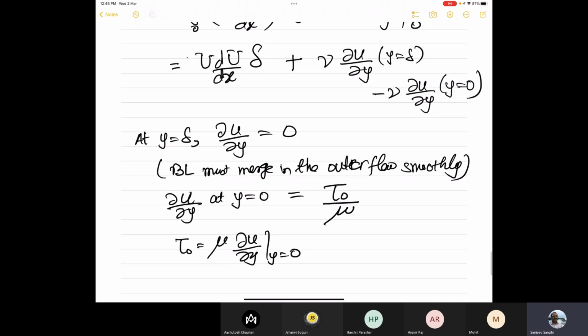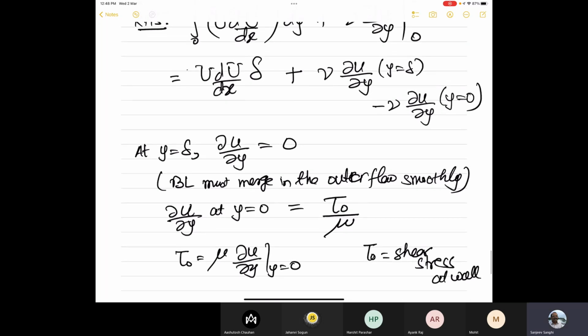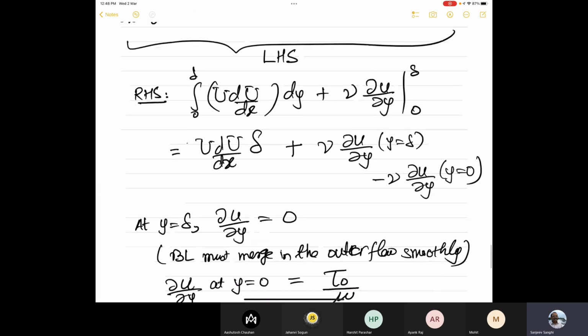So therefore, tau 0 is equal to the shear stress at the wall. So what we'll assume is that either we know or we have to find out the shear stress.